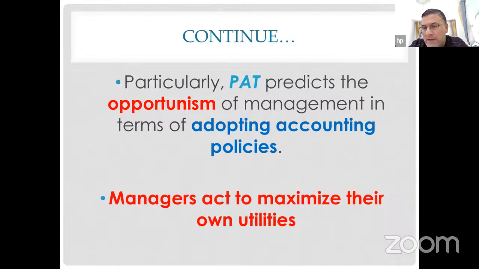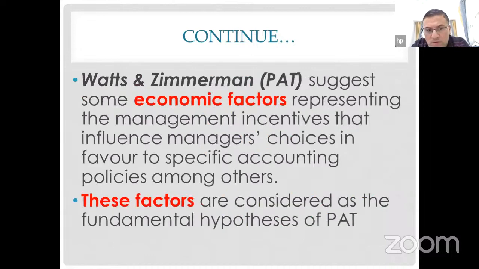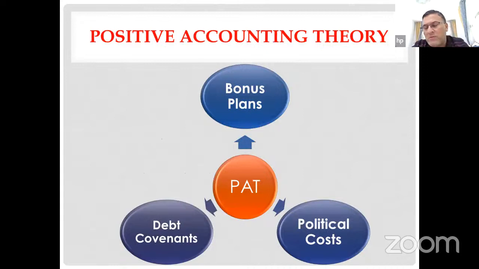But these main factors are considered the main factors in the accounting literature. What are these factors? About three main things: bonus plans, debt covenants, political cost.